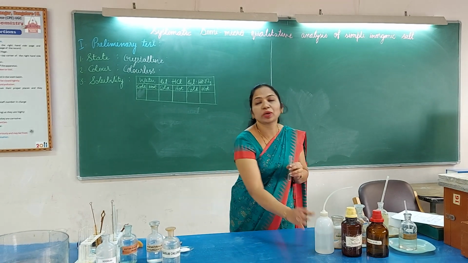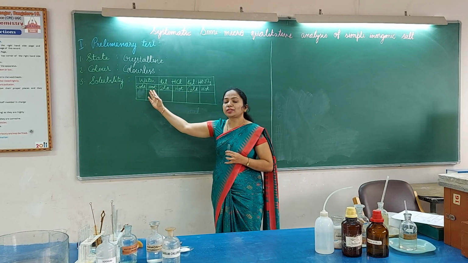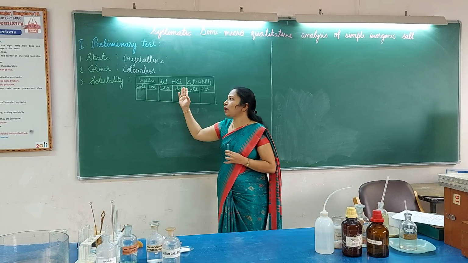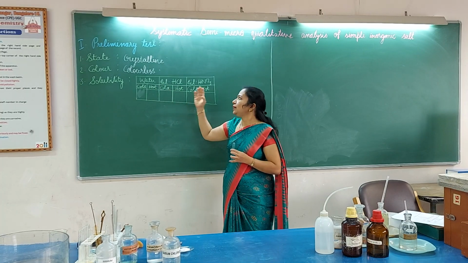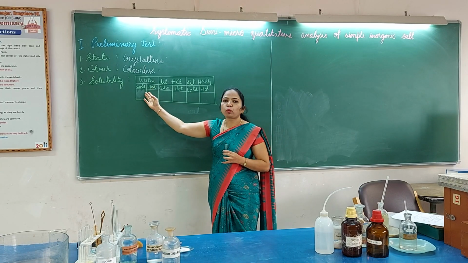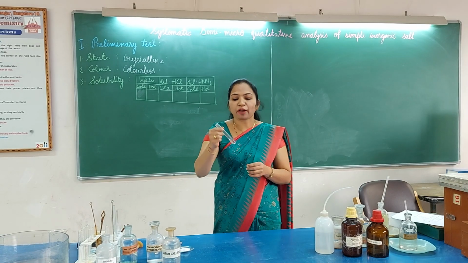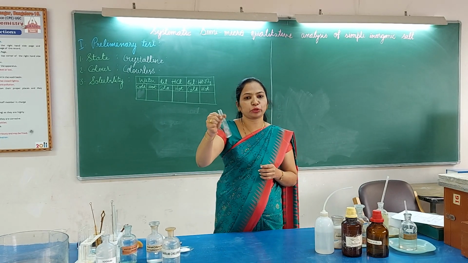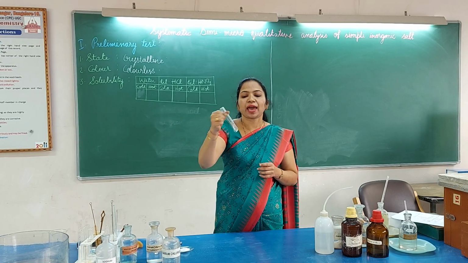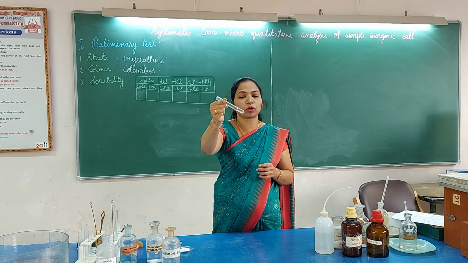Here, as you can see, I have written three cases. If the salt is not soluble in water, then you have to test with dilute HCl, then go for HNO3. So first, we will go for water and see whether it is soluble or not. I have taken the salt and added water to it, shaken for a while, and you can see the salt is soluble in water.